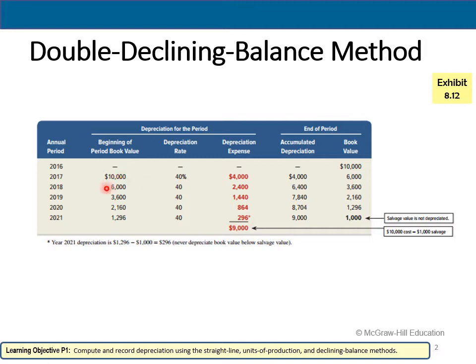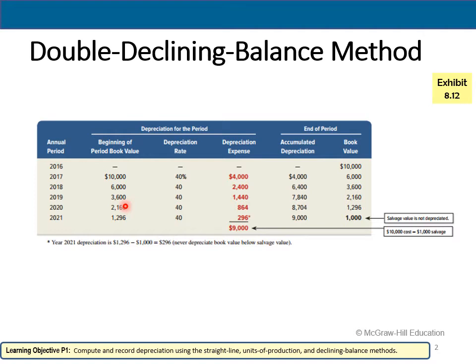This $6,000 rolls. So the end of period book value for 2017 is the beginning of period book value for 2018. All right, take 40% of that. Add to the 4,000 to get accumulated depreciation of 6,400 and a book value, in other words 10,000 less 6,400, of 3,600, and of course that rolls, and you repeat the process.